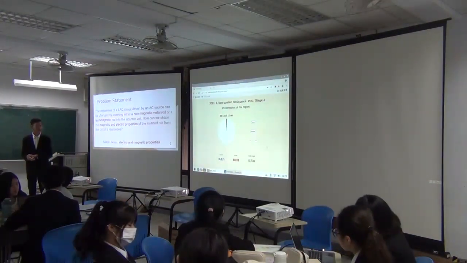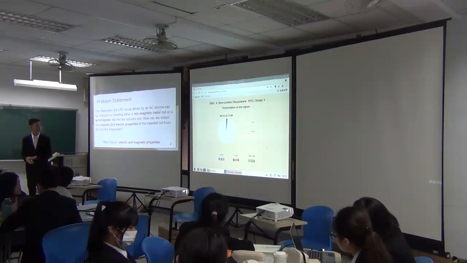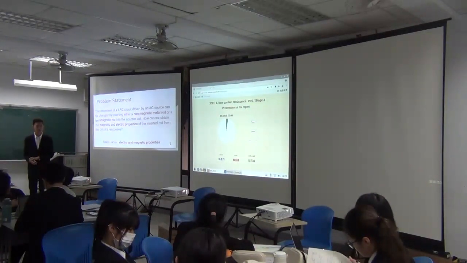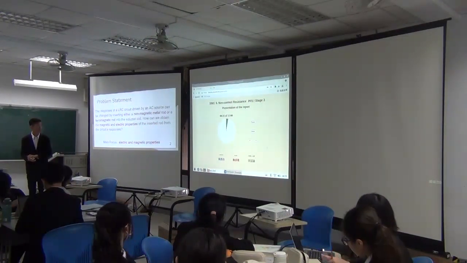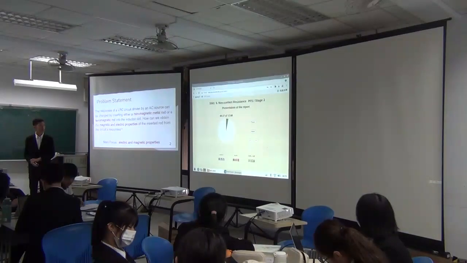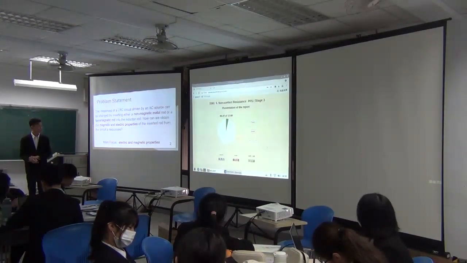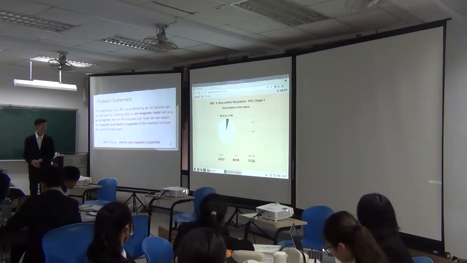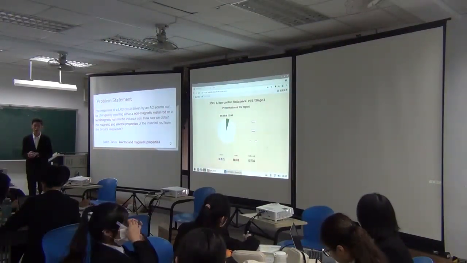The responses of an LRC circuit driven by an AC source can be changed by inserting either a non-magnetic metal rod or a ferromagnetic rod into the inductor coil. How can we obtain the magnetic and electric properties of the inserted rod from the circuit's responses? Our main focus is on the electric and magnetic properties of the inserted rod.